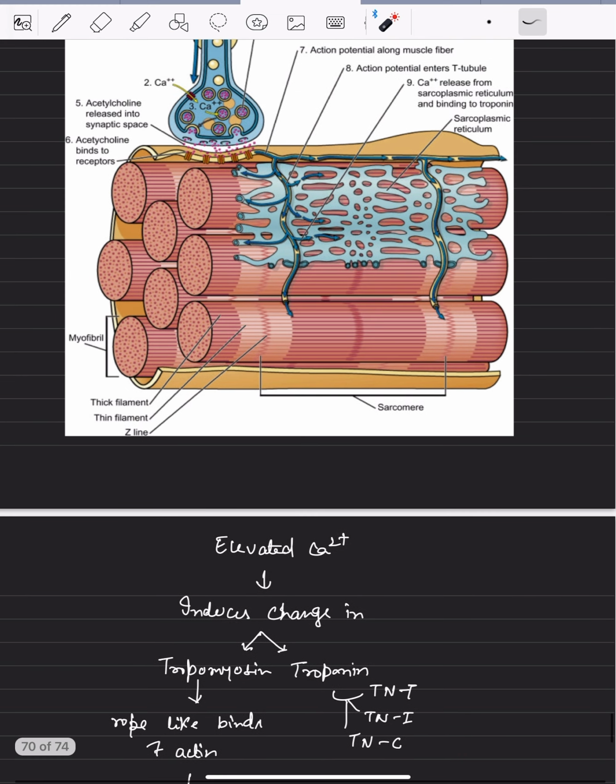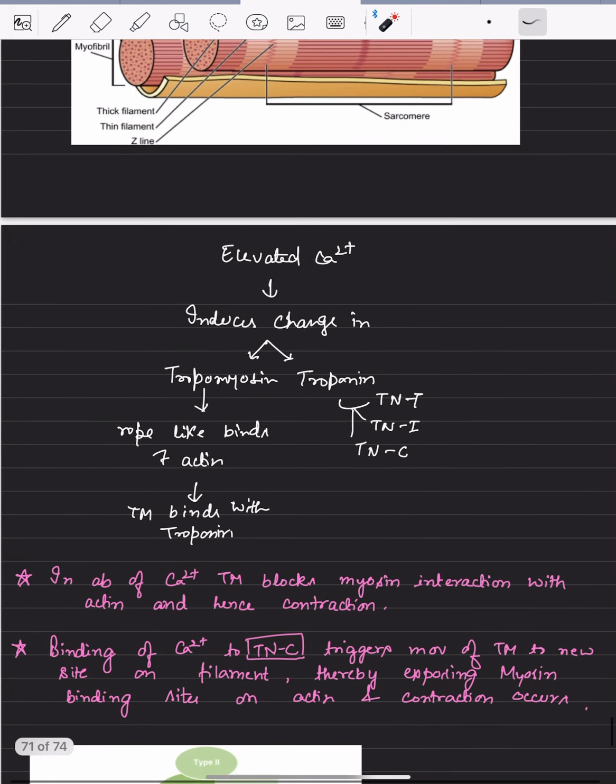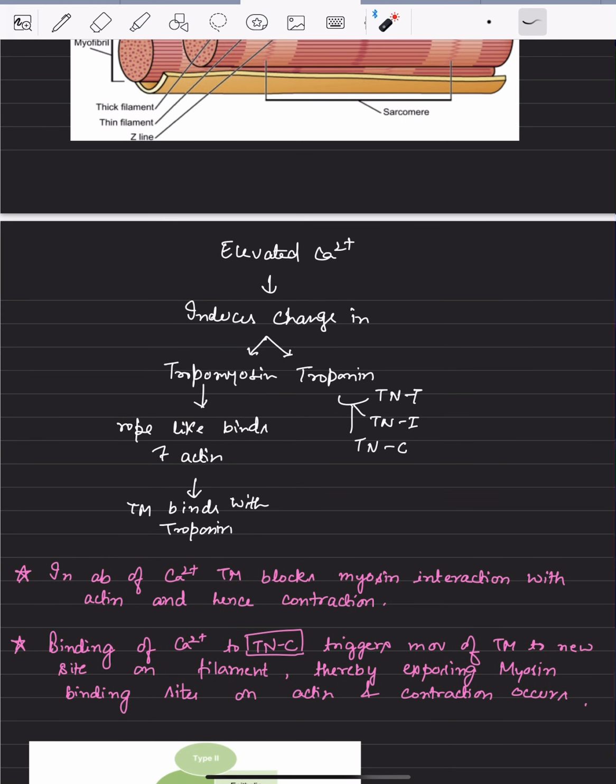These are the thick filament, that is the myosin, and the thin filament is the actin. You can see the distance between the two is the sarcomere. Like this only, the contraction takes place in skeletal muscles.